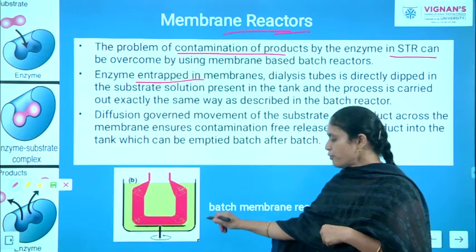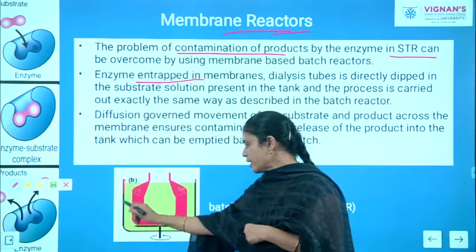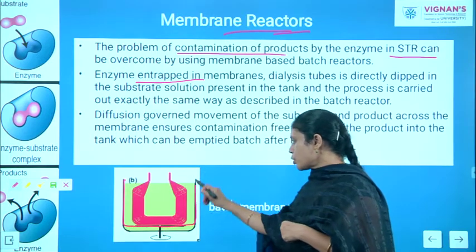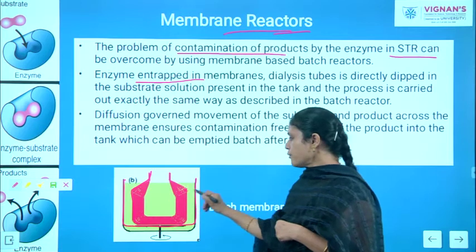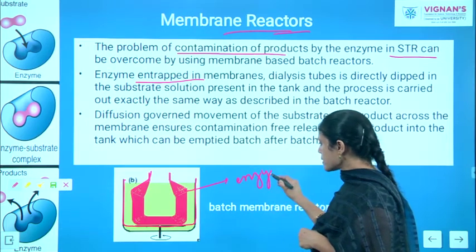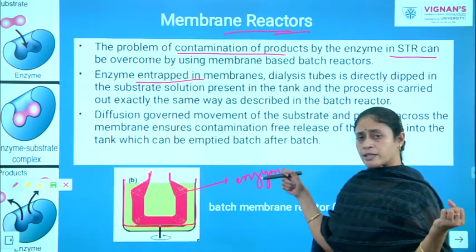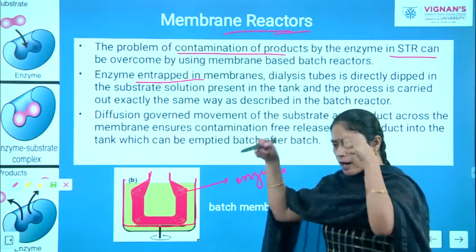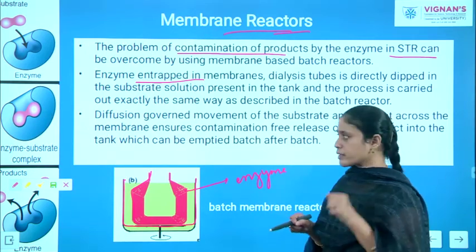This is the figure related to your membrane reactor. You have a tank and you have a membrane. This is your membrane in which your enzyme is entrapped. This membrane has your enzyme. Now, after entrapping your enzyme, you are immersing your membrane into your substrate.